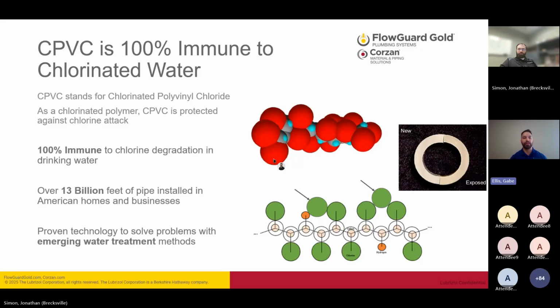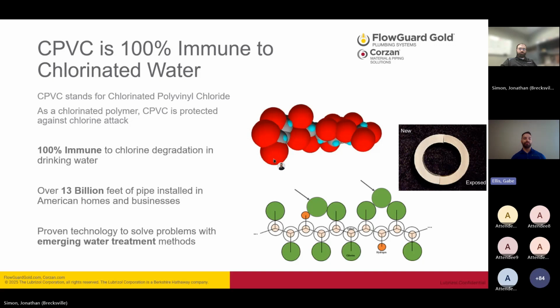It's a part of our molecular chain, and it stands for chlorinated polyvinyl chloride. So as a chlorinated polymer, CPVC is protected against any sort of chlorine attack, chlorine, chloramine, or chlorine dioxide attack. We're 100% immune to any sort of chlorine-based degradation in your drinking water.